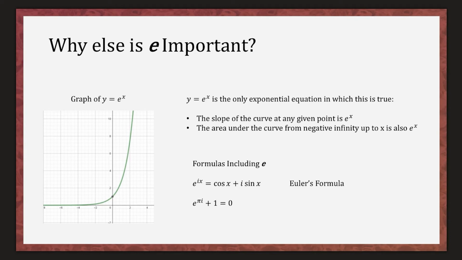There are also many more formulas that include e. I will focus on 2 math formulas, even though there are many more physics formulas that include e. So e to the ix, where i is the imaginary unit, will equal the cosine of x plus i times the sine of x. That is one of Euler's formulas. And there's this creative formula, e to the pi i plus 1. So if you substitute pi in for the x's in that, you get e to the pi i plus 1 equals 0.